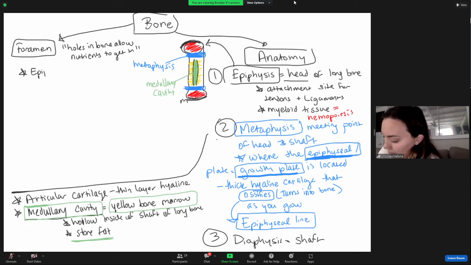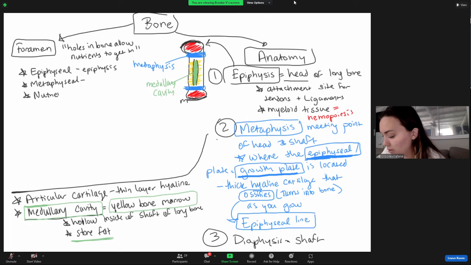So there's an epiphyseal foramen. You can pretty much get where that would go, right? The epiphysis. Then there's the metaphyseal foramen. These are just holes that get nutrients into that part of the bone. Finally, we have the nutrient foramen, and this is a hole that gets nutrients into the diaphysis of the bone.